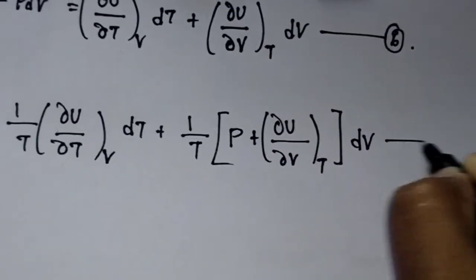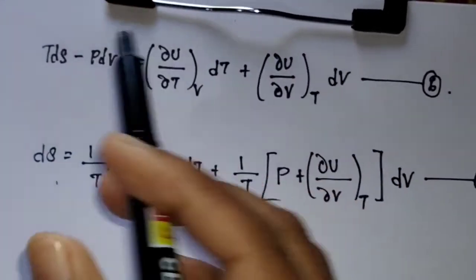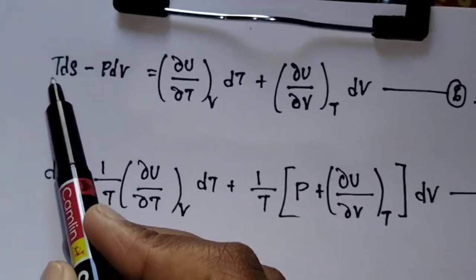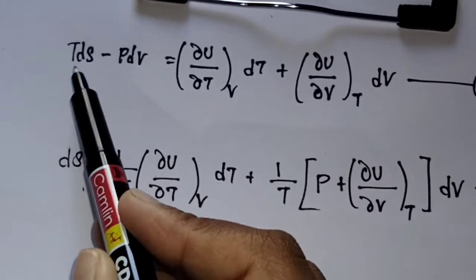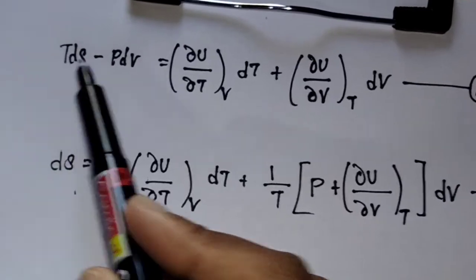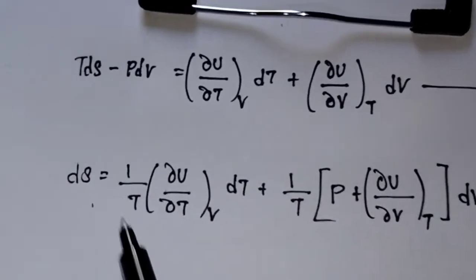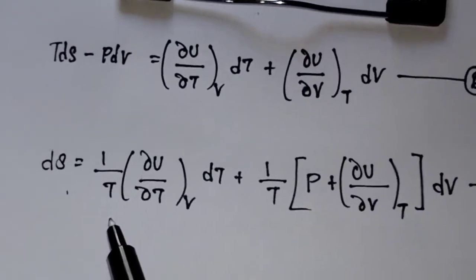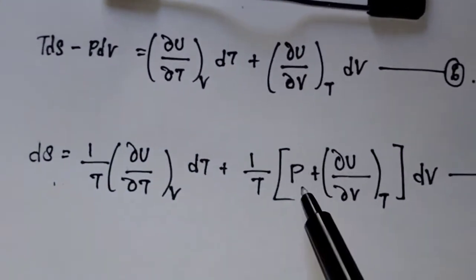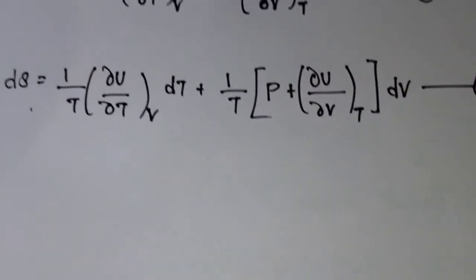Take this as equation number 7. In this equation we take dS, so this T and minus P dV will come to this side. Here it is multiplication, while coming to the right hand side it will become division, so 1 by T. Same here, 1 by T, and P and dV are here.